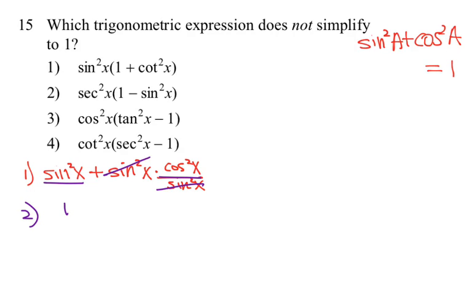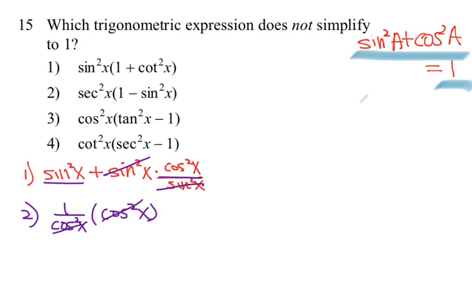How about the second one? We realize that secant squared is 1 over cosine squared, but 1 minus sine squared is in fact cosine squared, coming from this identity over here as well. And then you can see the cosines cancel out, so that's equal to 1.